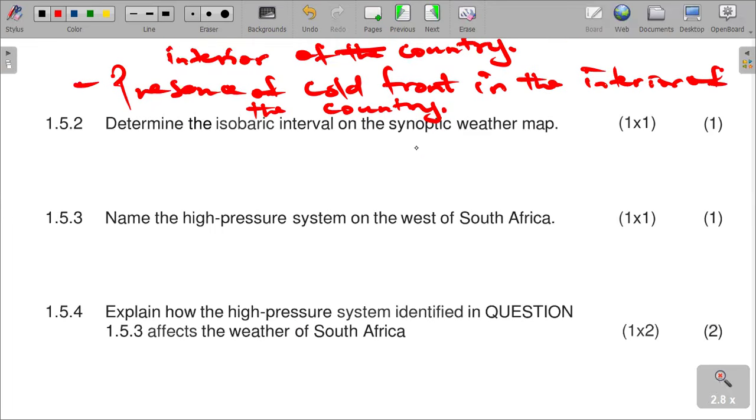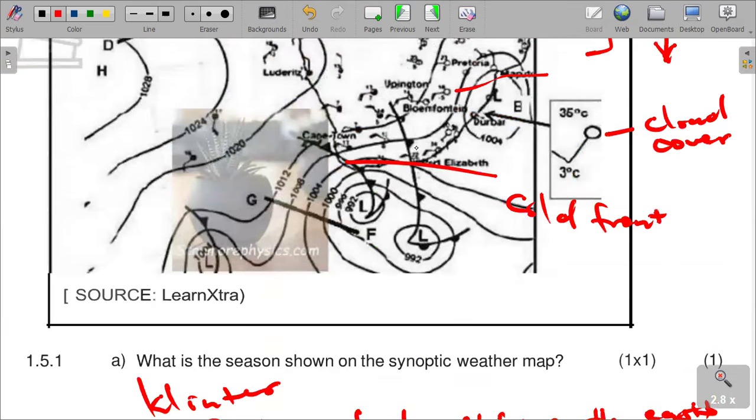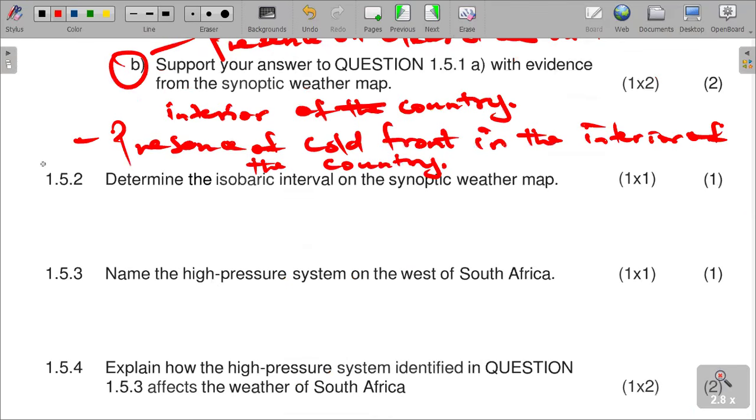And then the next question is saying, determine the isobaric interval on the synoptic weather map, the interval of the isobars. We can just see that from one isobar to the next, we have 1012, 1008, 1004, 1000, going down like that. So the interval is the difference between one isobar and the next.